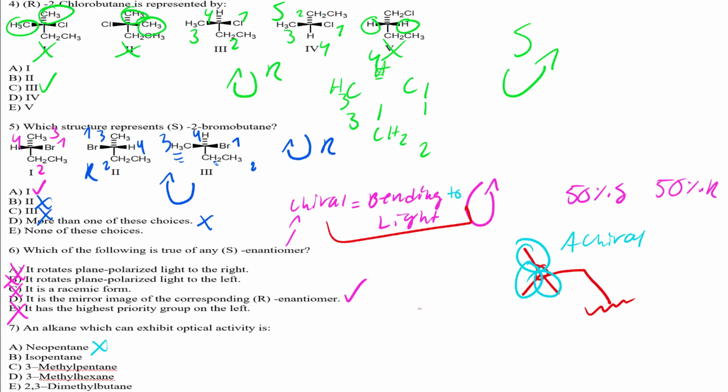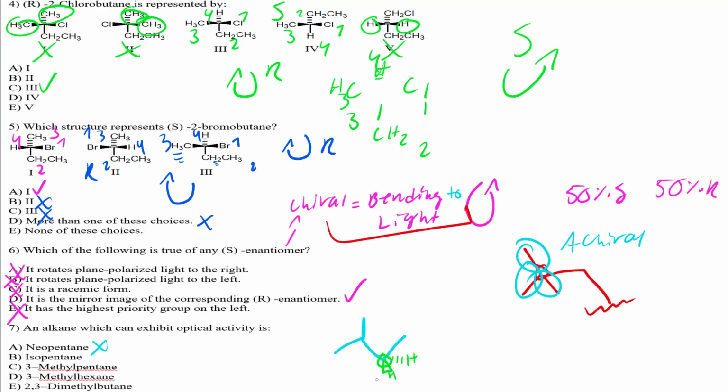What about isopentane? Isopentane is just, let's see, 1, 2, 3, 4, and we're gonna have like 5 right there. So you can see the kind of like iso group. You have a Y shape, kind of, and there's 5 carbons in total. That's isopentane. What's the problem here? Well, the problem here is that no matter where you look, you're gonna have repeating hydrogens. Over here, we have 2 bonds. Carbon wants 4 bonds, so we're going to do implied hydrogens.